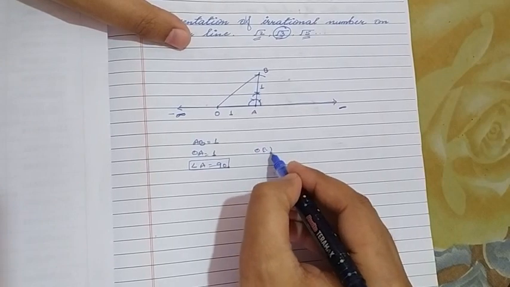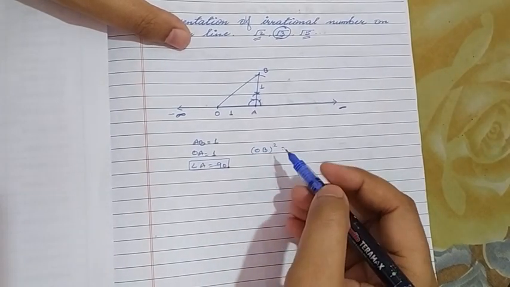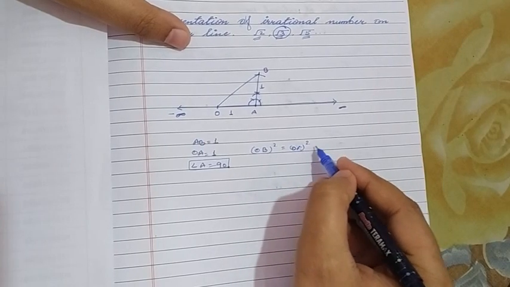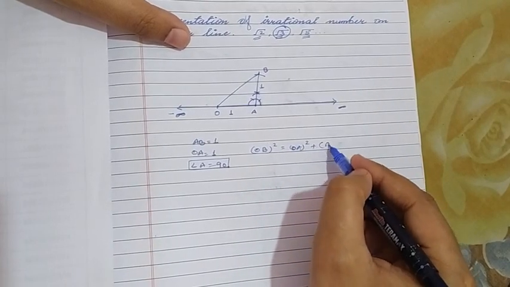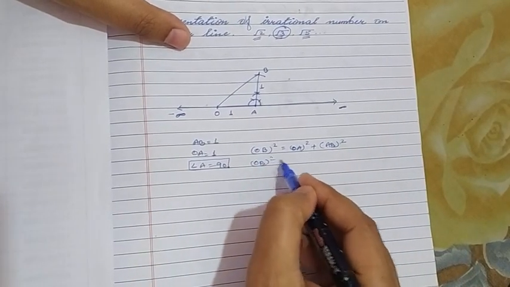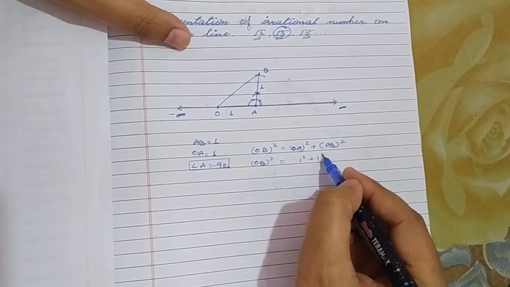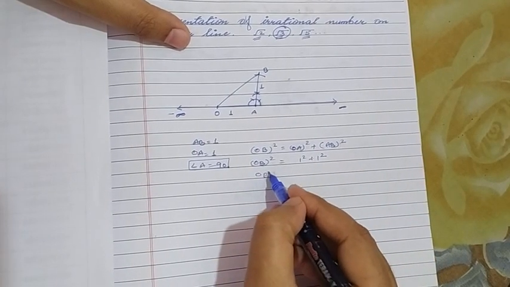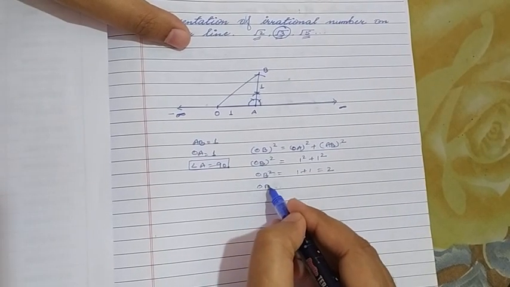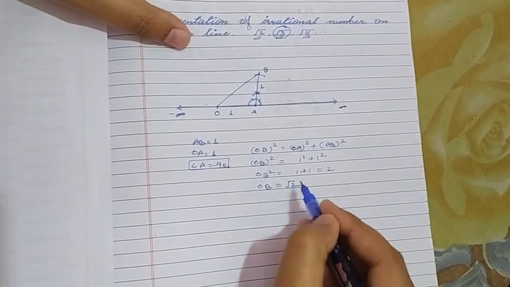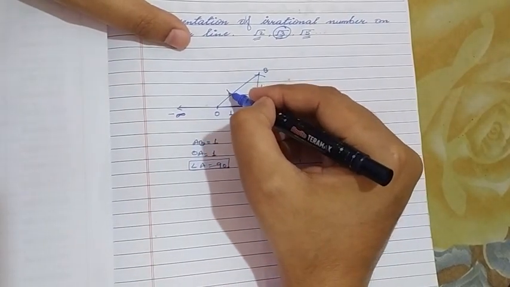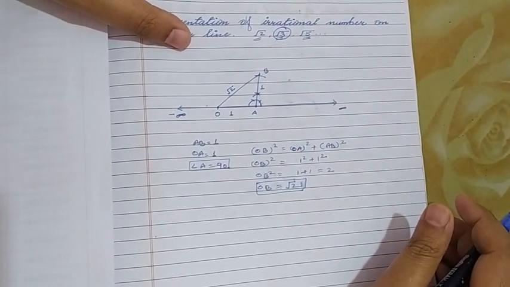OB square, hypotenuse square, is equal to base square OA square plus AB square. So OB square is equal to 1 square plus 1 square, which is 1 plus 1 equals 2. So OB is equal to √2. And this OB will be √2.